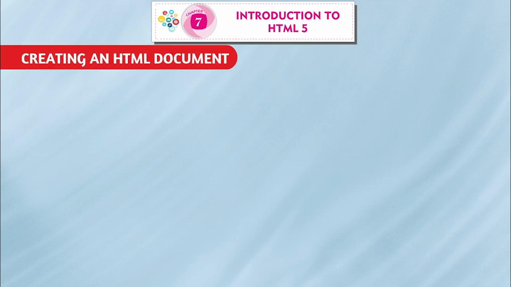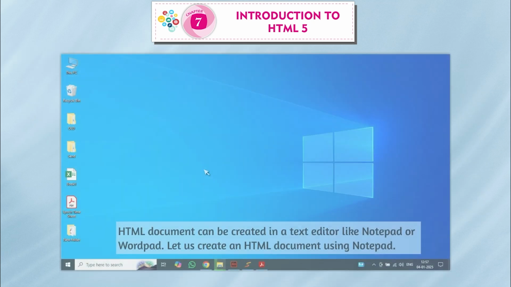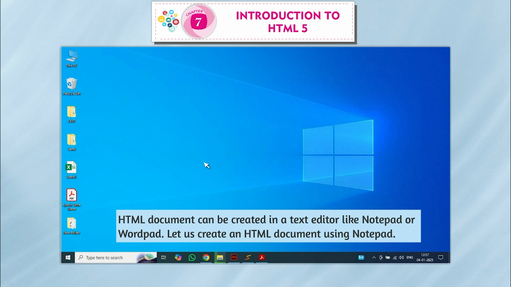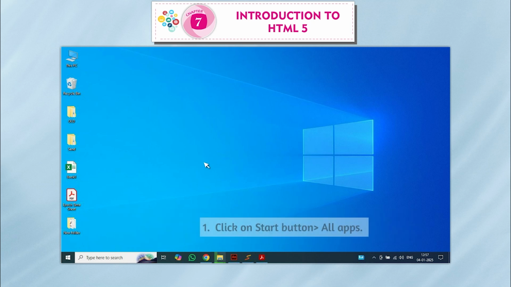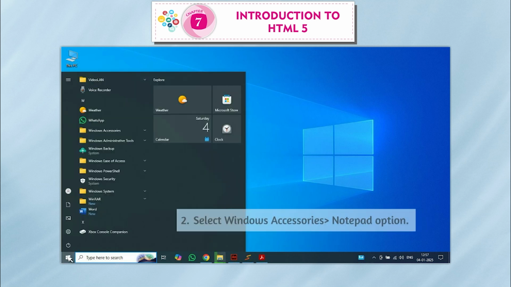Creating an HTML document. An HTML document can be created in a text editor like Notepad or WordPad. Let us create an HTML document using Notepad. 1. Click on Start button, All apps. 2.